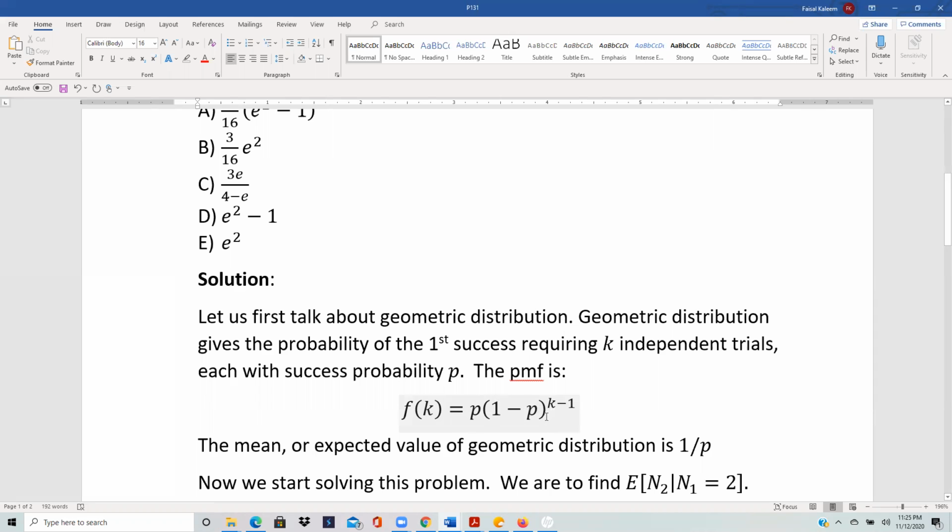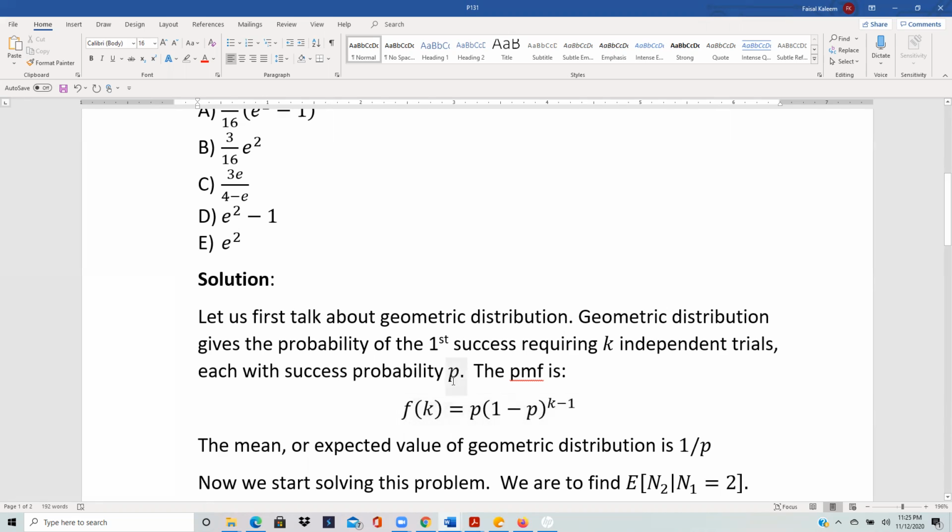So for this problem, we don't really need to understand what geometric distribution is. What we need to know is that the PMF of a geometric distribution is p times (1 minus p) to the k minus 1. And it's very easy to see why this will be the PMF, because we are finding the probability that the first success requires k trials.